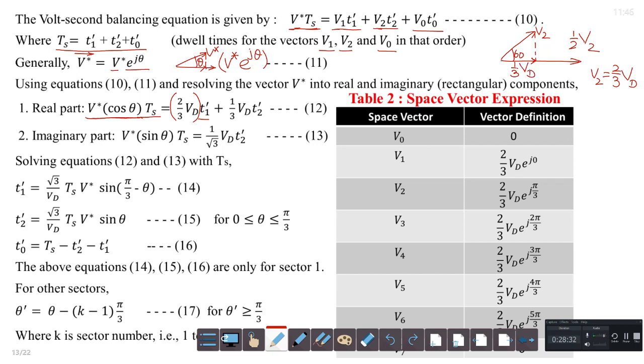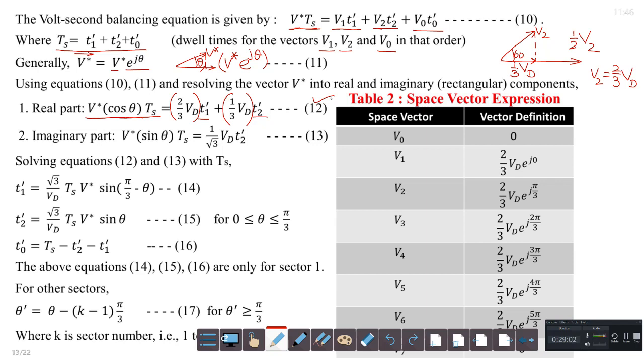So, the second term is due to V2, the real axis component of V2 is 1 by 3 Vd, and this is applied for a duration T2 dash, which is multiplied. And V0 is the zero voltage, so it will have no component in this equation. So, this is how equation number 12 is obtained for the real part, that means the horizontal component.